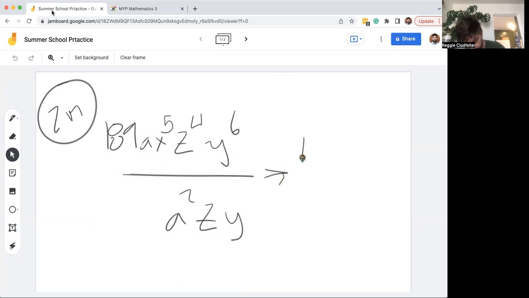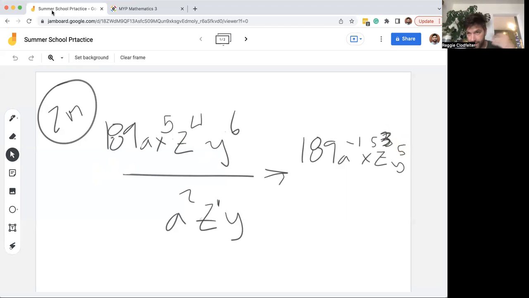So it's like 189 a to the -1st. X, there's nothing I can do, x to the 5th. And then z, I have z to the 4th over z. Remember, this is like z to the 1st. So 4 minus 1 is 3. And then y to the 6th over y, 6 minus 1, or y to the 5th.